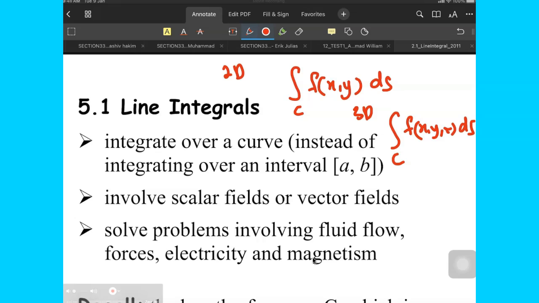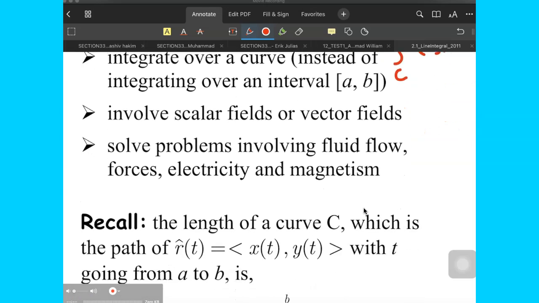You can also evaluate the area under the curve, or the mass of a very thin wire or rope that is represented by the curve. So we can use the line integral to evaluate the area under the curve and also the mass of a very thin wire or rope.